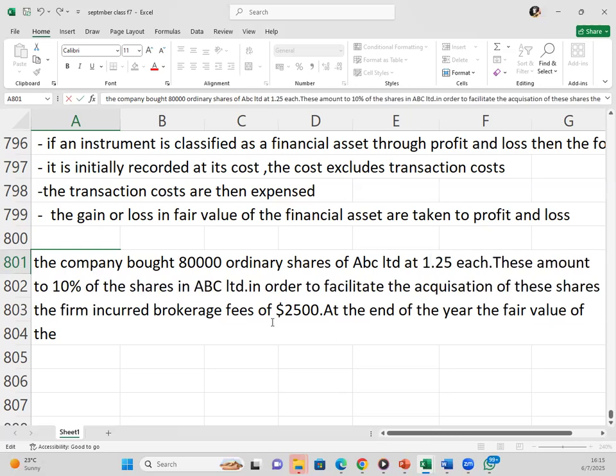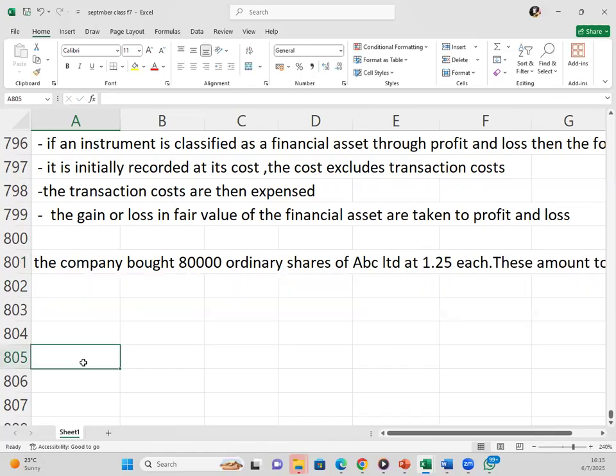At the end of the year, the fair value of the shares was 115,000. So then the question is, how much is to be shown as investments in the financial statements and how much is to be expensed?